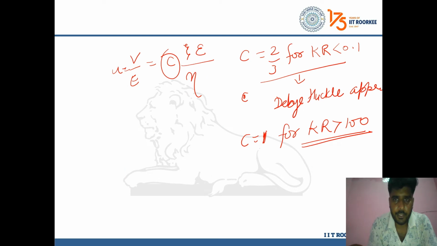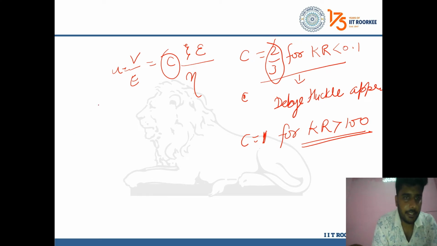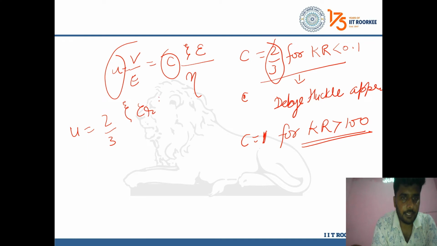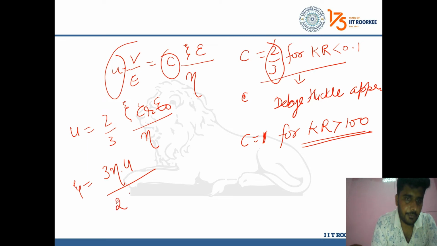So you have to consider this value. Let me write here. The electrophoretic mobility will be 2 by 3 times zeta potential times epsilon r epsilon naught by eta, and zeta is equal to 3 eta u divided by 2 epsilon r epsilon naught.